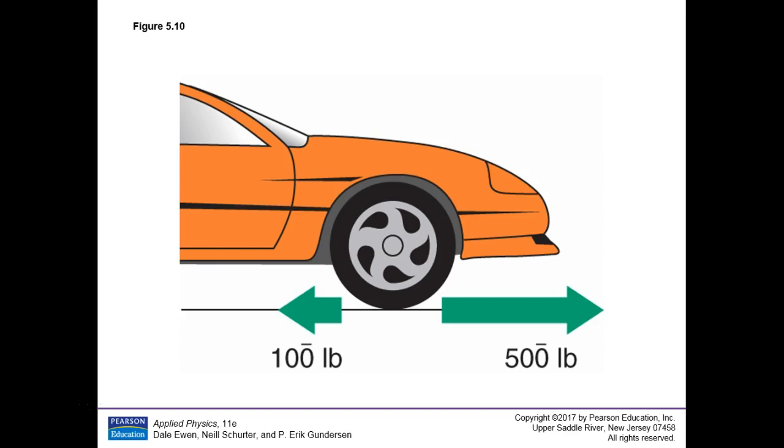Now, this figure isn't showing that. This is showing the car accelerating this way, but there's a frictional force opposing it. So the net force here would be 400 pounds. But they didn't do a good job of explaining that in the picture here.